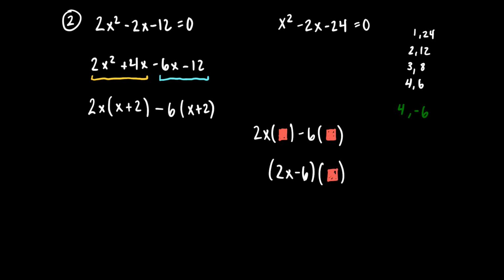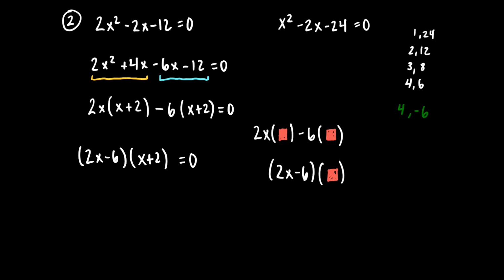So we're going to use that idea again. And the red box in this case, I know it's a little abstract, but the red box is the x plus 2. So what we're saying here is that we really have 2x minus 6 red boxes where x plus 2 is our red boxes. So that's equal to 0. I always forget to put the equals 0. Okay.